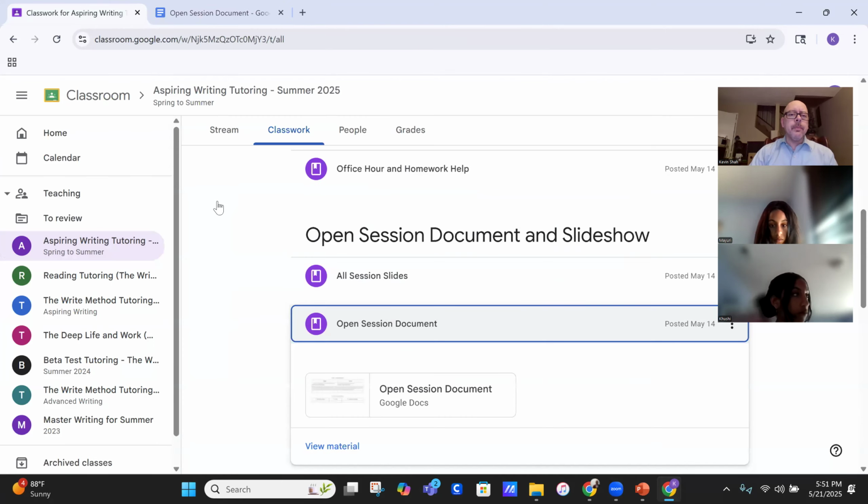I don't think I redid the slideshow. Let me double check here. Let me just go ahead and share. We'll jump right in. Okay, we've got the document right there. We're going to look at the double bubble map today. The first thing we're going to do with that is use it to do all of our writing. We're using it to capture our ideas as simply as possible. And when you write, we're going to aim for simplicity. I also know that you choose words for a reason, right?